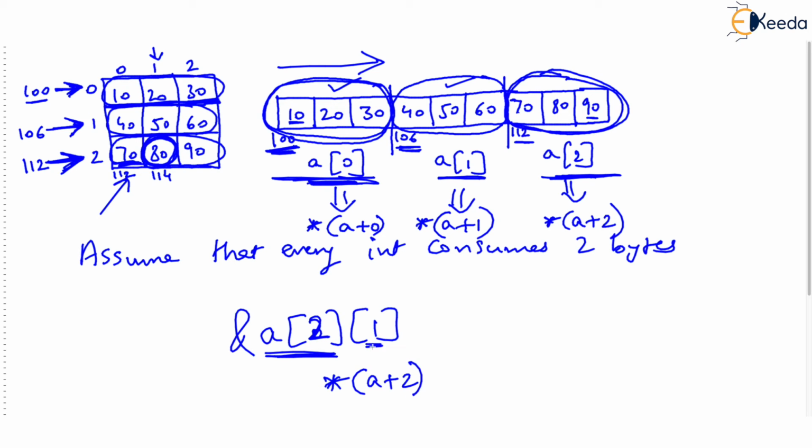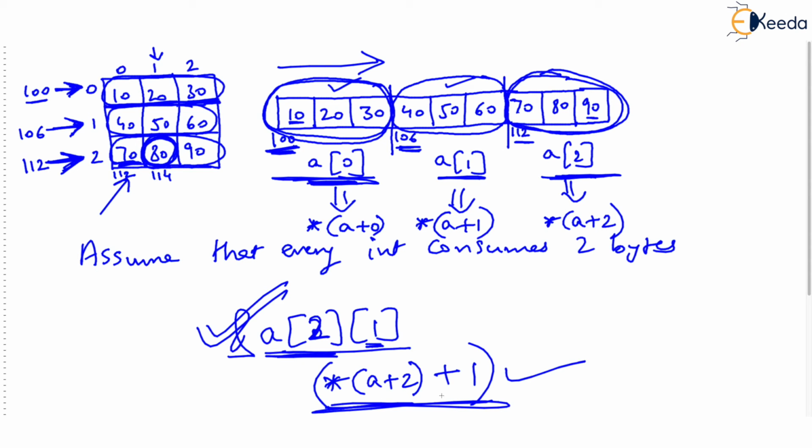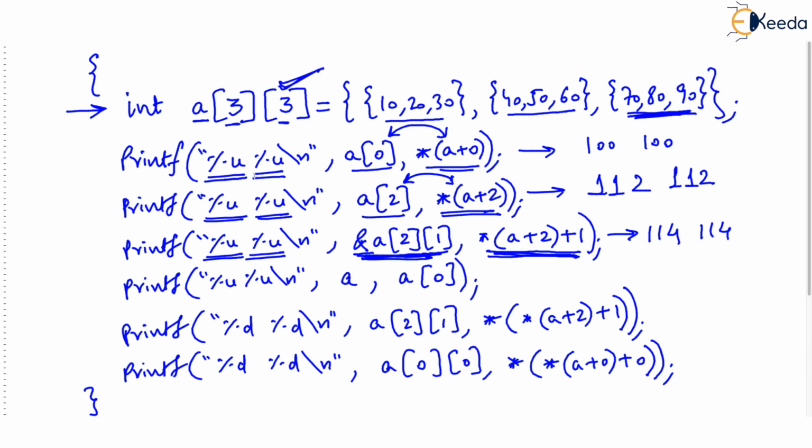But then you want to add 1 to it, because you don't want the begin address of row 2, but the first column in that row. Now this entire notation is going to give an address. This itself is an address. So you may either write ampersand then A21, or simply write *(A+2)+1. Isn't it so? So both these things are going to give 114.